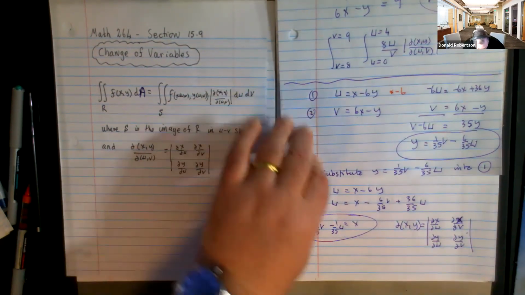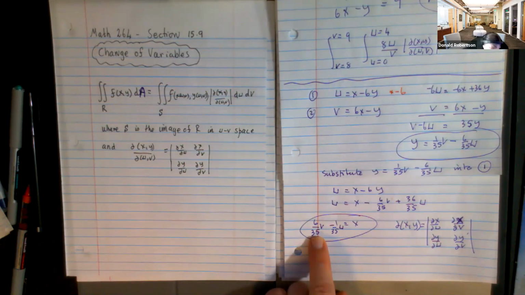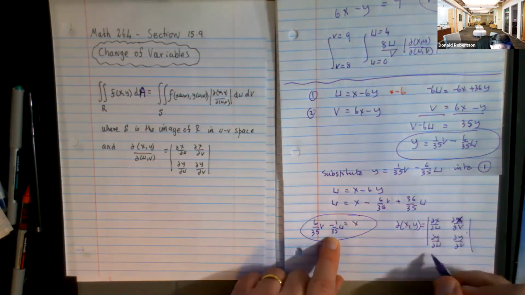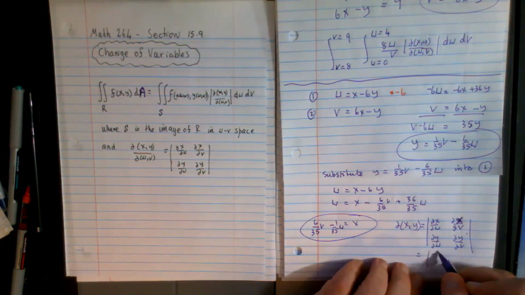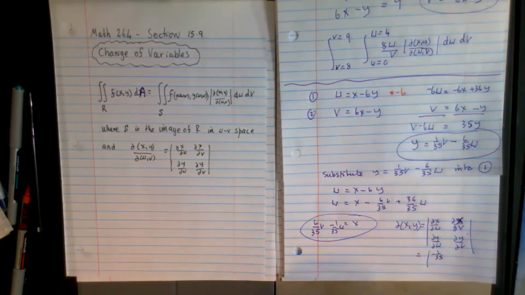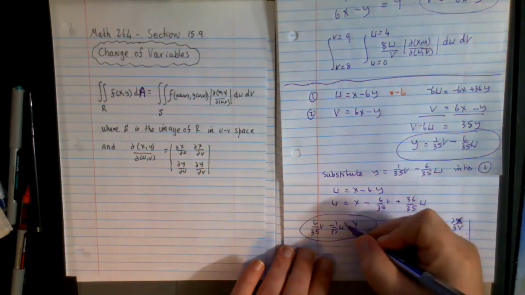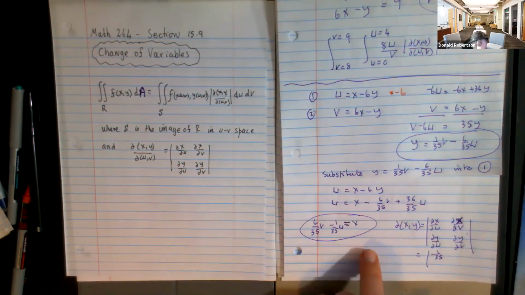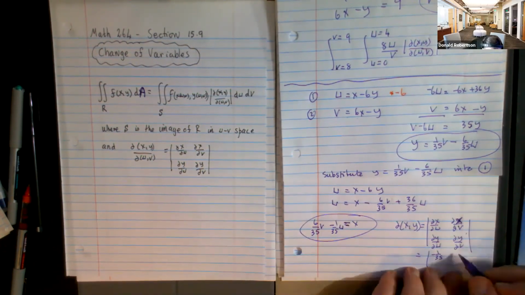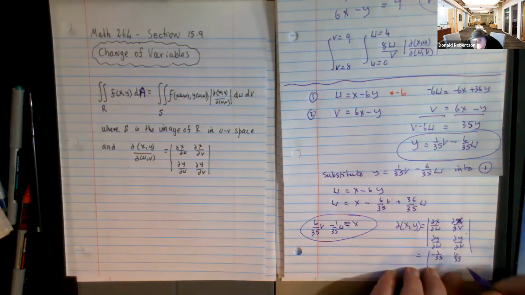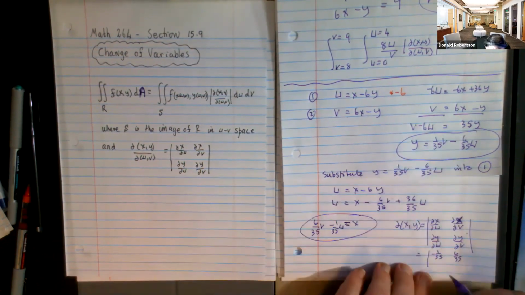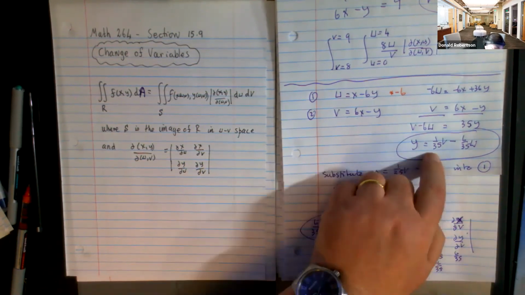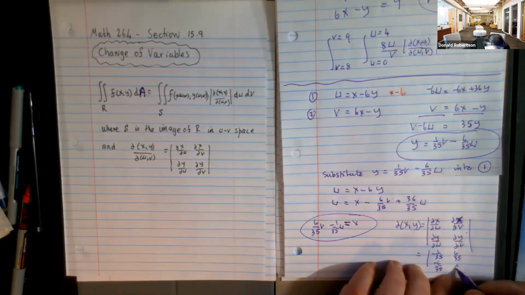If you do this one with respect to U, you get negative 1/35. It is a regular U, it almost looks like a U squared from your equal symbol. Do this one, you get a 6/35. Do this one with U, you get a negative 6/35. Do this one, you get a 1/35.